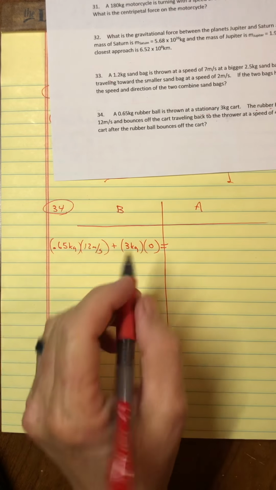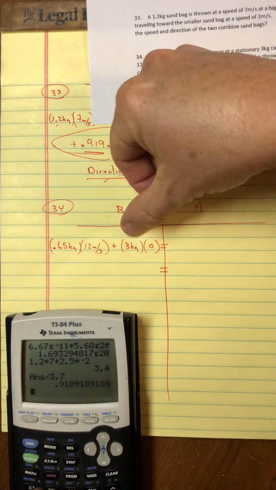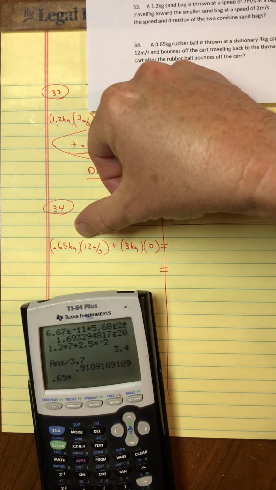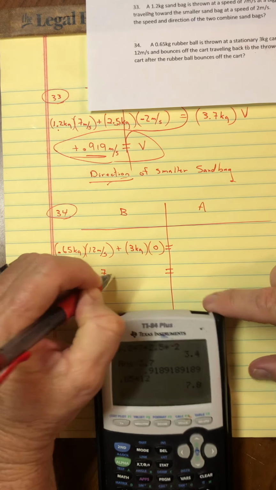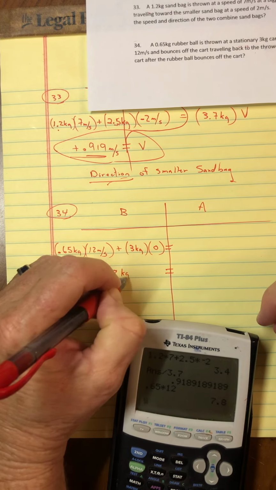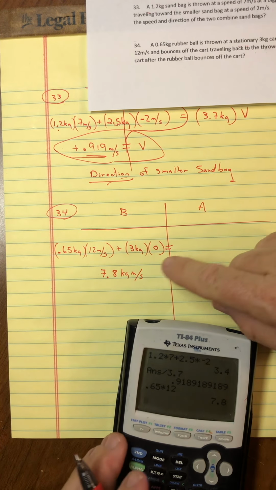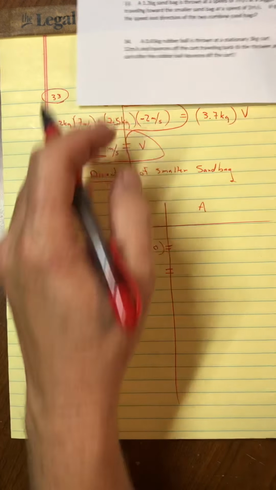So there's the momentum of the two. I guess you could really ignore that one and say that one's 0. So this is 0.65 times 12, if you want to do an intermediate calculation. So 7.8 kilogram meters per second is the momentum before the collision. But it's also going to be the momentum after the collision.